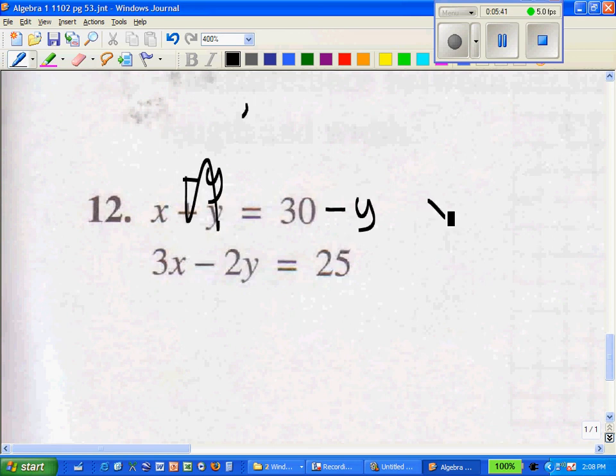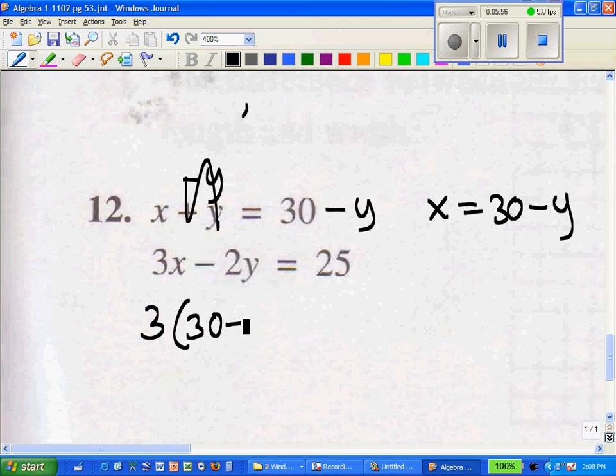That gives me x equals 30 minus y. Now that I know that x is the same as 30 minus y, I could substitute 30 minus y wherever I see x in the bottom equation. So 3 times 30 minus y minus 2y equals 25.